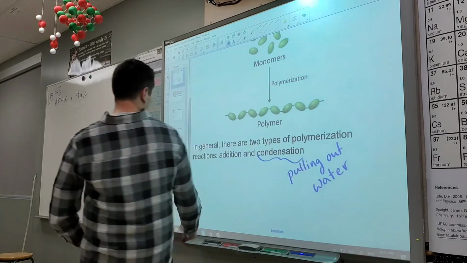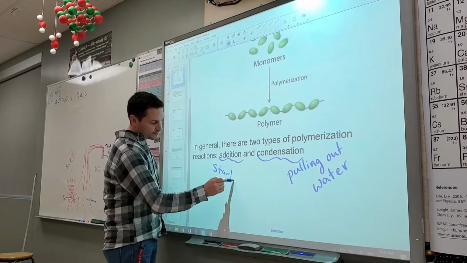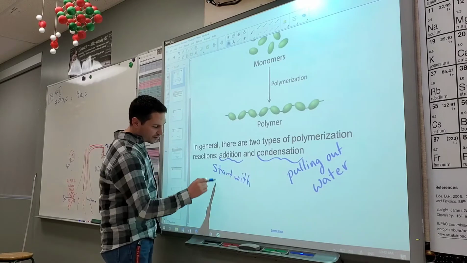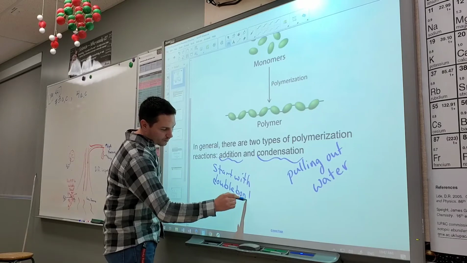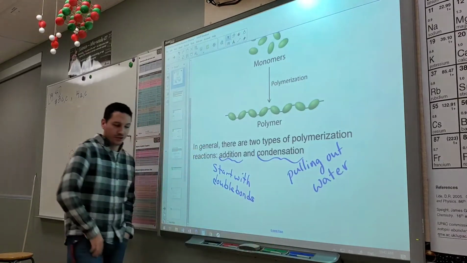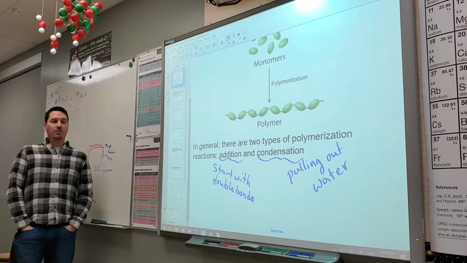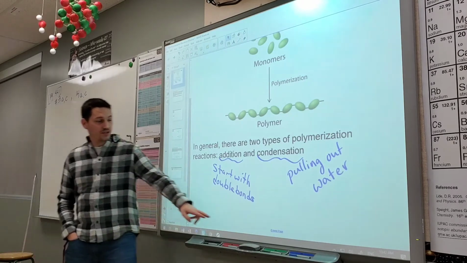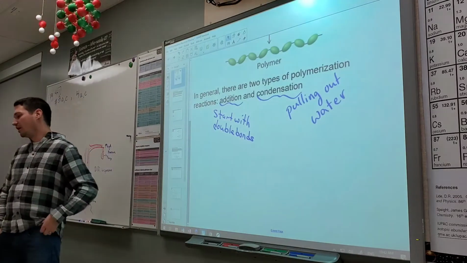In an addition polymerization reaction, you're going to start with double bonds, and you're going to break those double bonds and turn them into single bonds. But with a condensation polymerization reaction, you're pulling out water, so you're going to have water as a product.